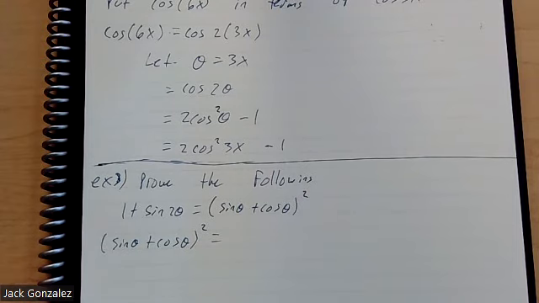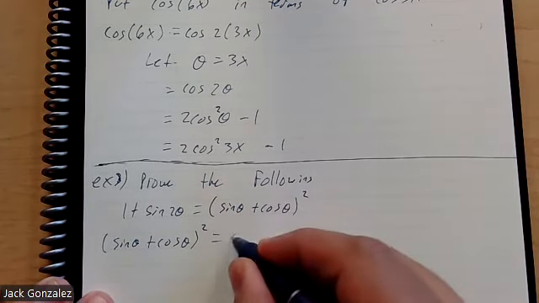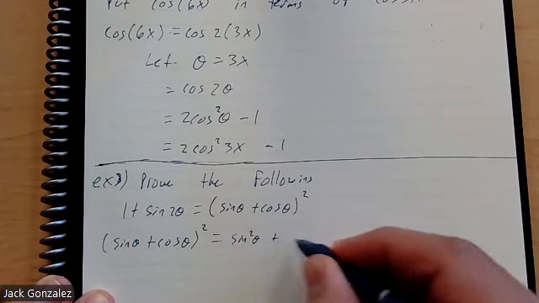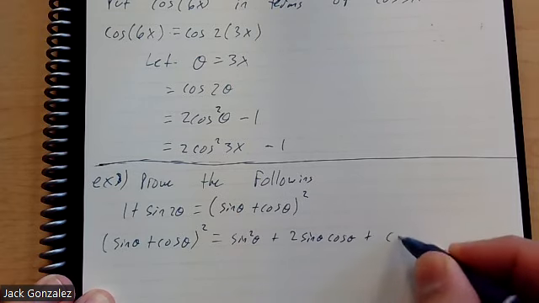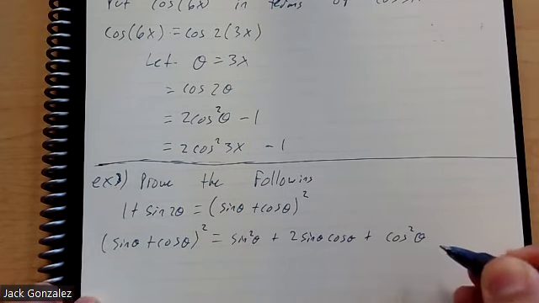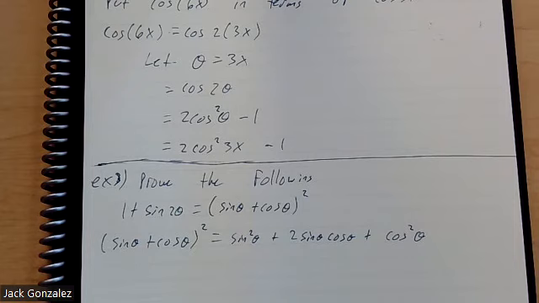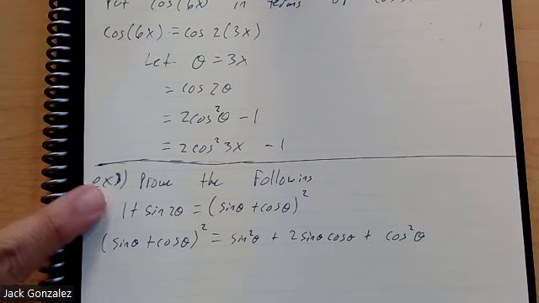So if you multiply it twice, you're going to get three terms. You're going to get sine squared plus 2 sine cosine plus cosine squared. If you do all the multiplication, you'll end up with these 3 terms. I skipped the times. That okay? So at this point, you want to get to here.